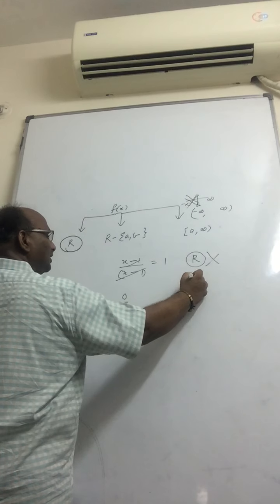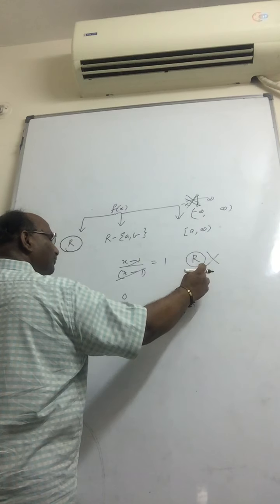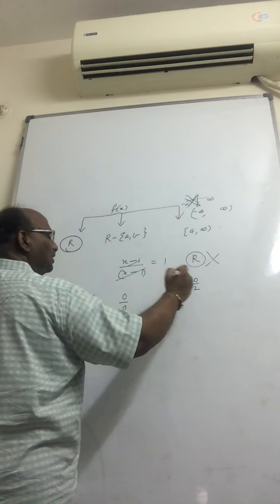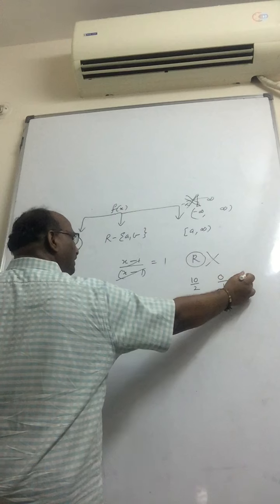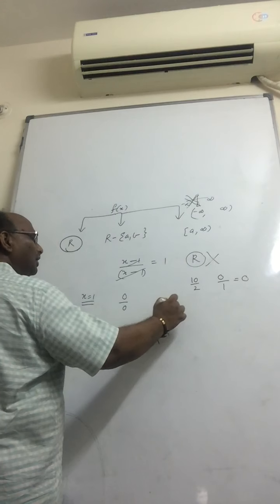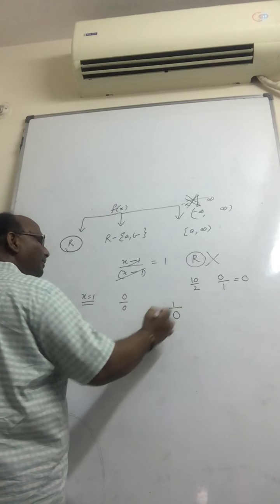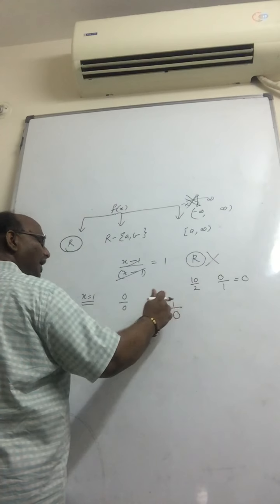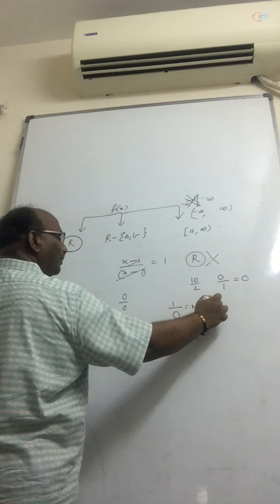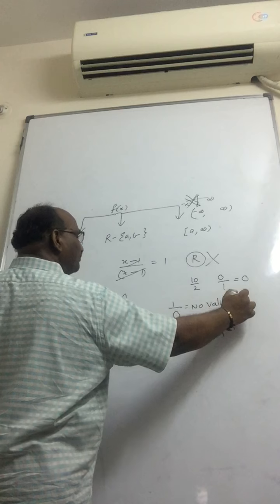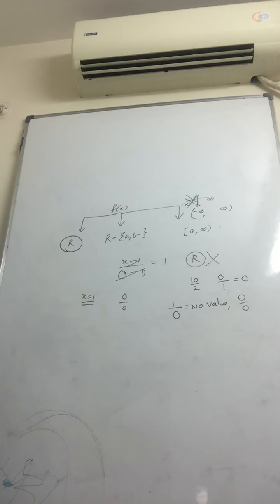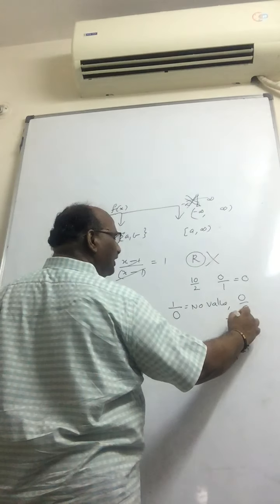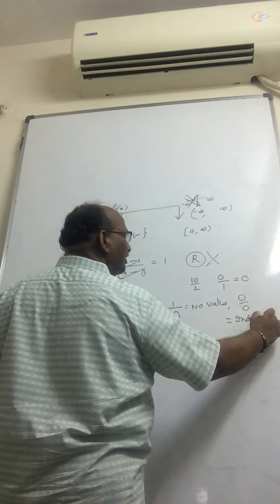Division of a non-zero number by a non-zero number has some value. Division of 0 by a non-zero number has some value. Division of a non-zero number by 0, as I discussed, has no value. And the last case, division of 0 by 0, I call indeterminate.